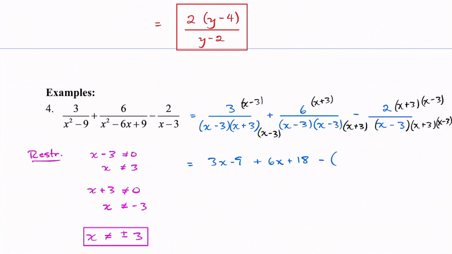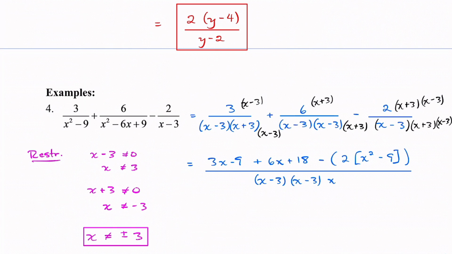So when I do the FOILing, again, you could check my math. We're going to get x squared minus 9. And then that's in brackets. I'm just going to use some square brackets, and then we got our last round bracket. And then all of that is over the common denominator that we just got. It was x minus 3, another x minus 3, and then an x plus 3.